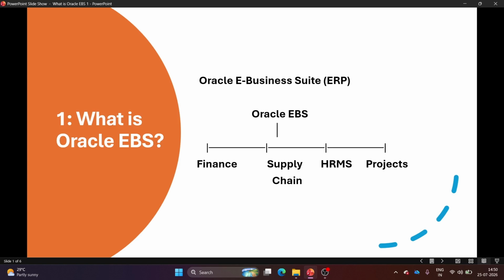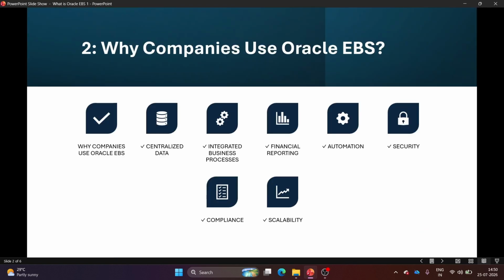Now that we understand what Oracle EBS is, let's look at why organizations around the world choose Oracle EBS to manage their business operations. Move to the second slide. Companies use Oracle EBS because it provides a centralized business application.